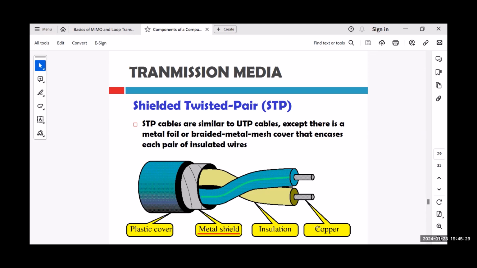So obviously this is twisted, but this is also shielded, right? So for each pair, apart from this mechanical protection, we have electromagnetic protection courtesy of this metal mesh, that is the metal sheet.